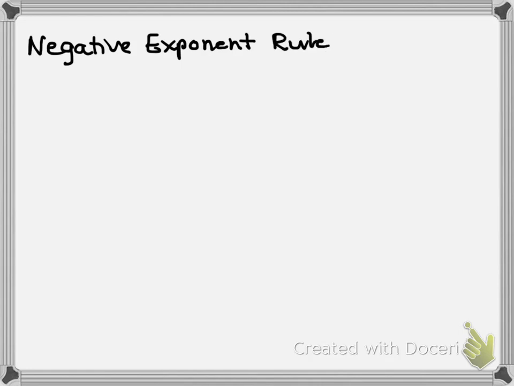Okay? All right, let's go back because we've got another rule to do, and this is now the negative exponent rule. So up until this point, with the exception of a couple questions on the review worksheet last night, you've always had more variable in the numerator than you did in the denominator.